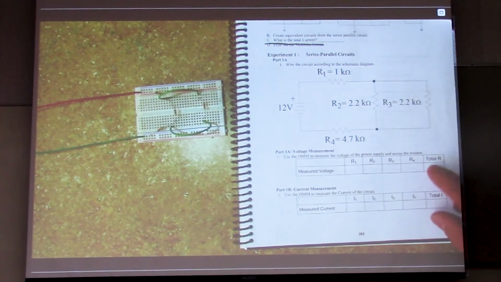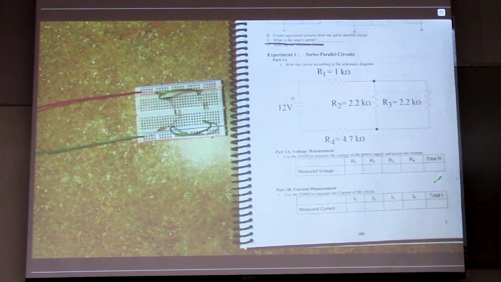So you should put in the voltage there. Total for the part 1A. Yeah. And total is going to be 12 volts. It should come out that your total voltage is the same as your power supply voltage, which should be 12 volts.